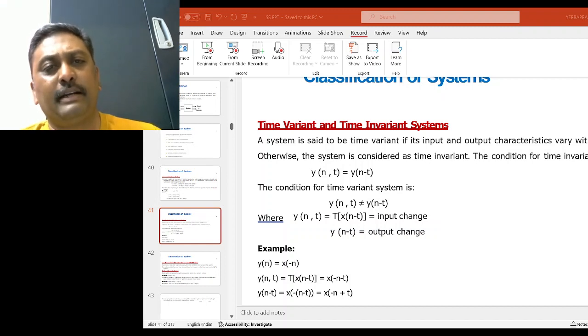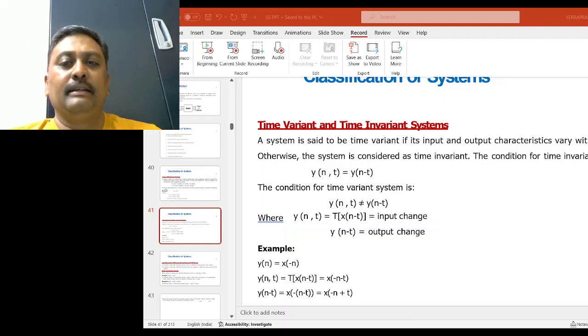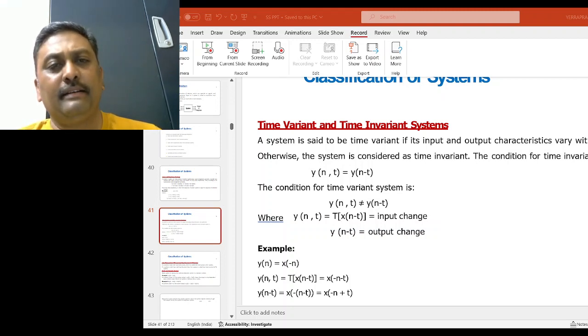Suppose y(n, t), where n is the number of samples per second and t is the time, and y(n - t). For a time invariant system, y(n, t) equals y(n - t). For a time variant system, y(n, t), where n is the number of samples and t is the time period, is not equal to y(n - t). Here x(n - t) is the input change and y(n - t) is the output change.